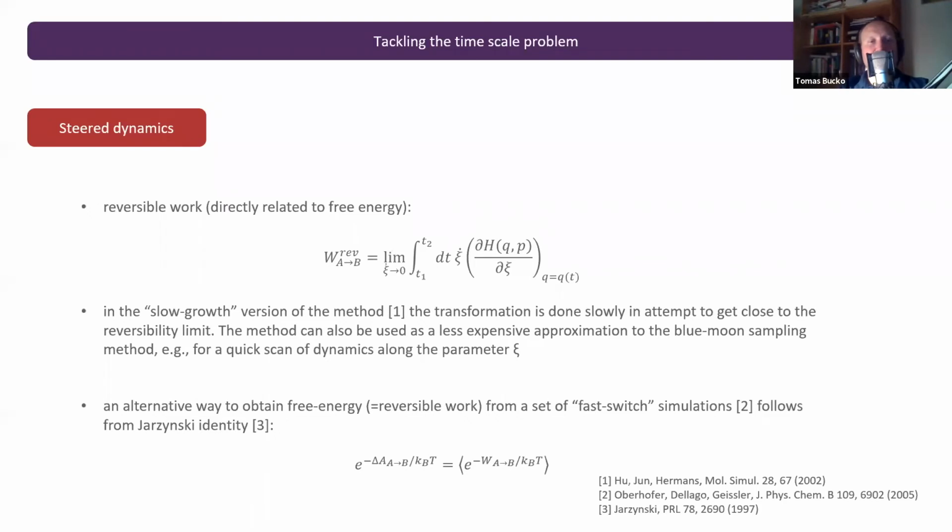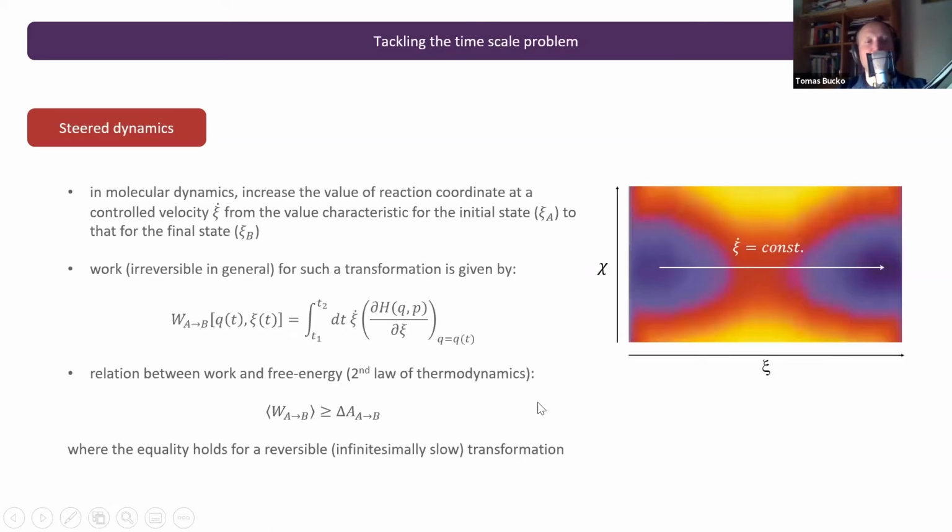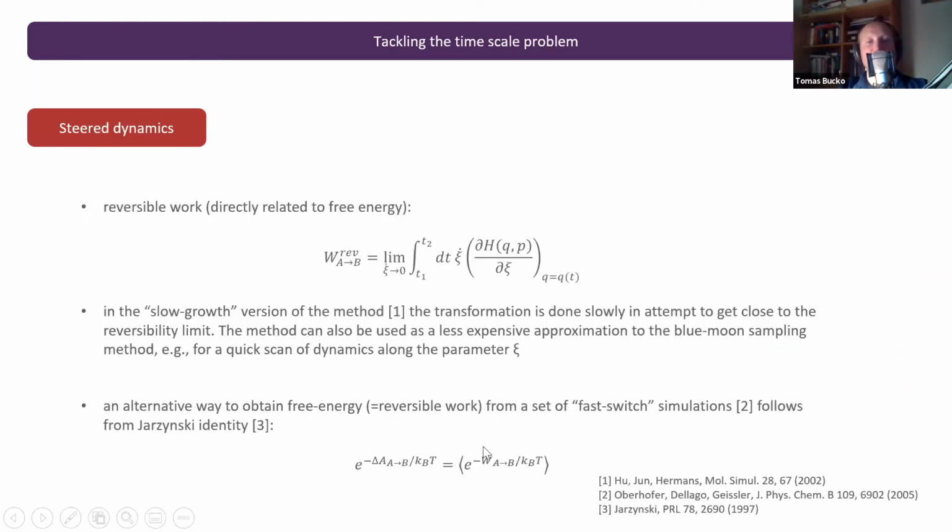A radically different strategy can be designed based on a similar idea, transforming states at some constant rate. It is the identity by Jarzynski, a formula which converts this inequality into equality.